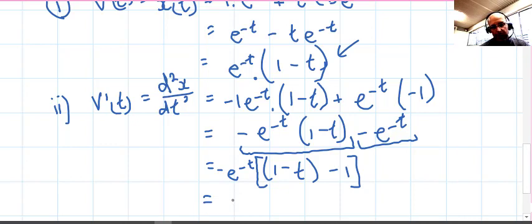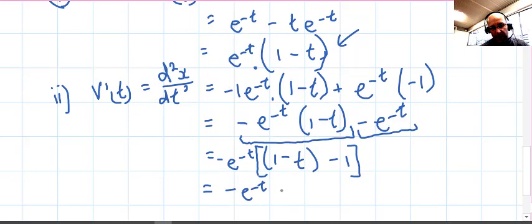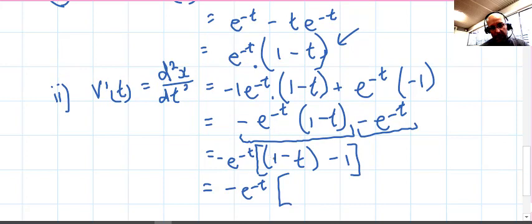Now, being careful, we've got negative e to the negative t, and inside the brackets then we've got 1 minus 1, which is 0. Oh, just spot a little error. I'm taking a factor here, just going back a step, of negative e to the negative t. Now that will yield the 1 minus t that you see there. But if I'm taking a factor of negative e to the negative t, that'll be plus 1, I'm sorry. So there we go, spotted that just in time.